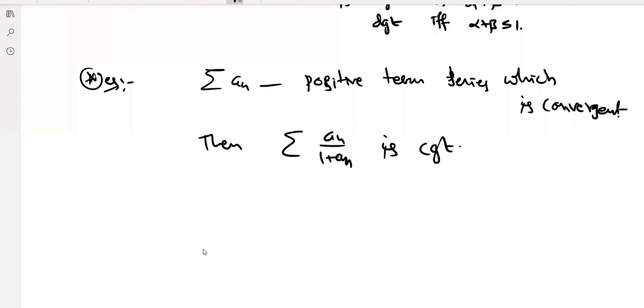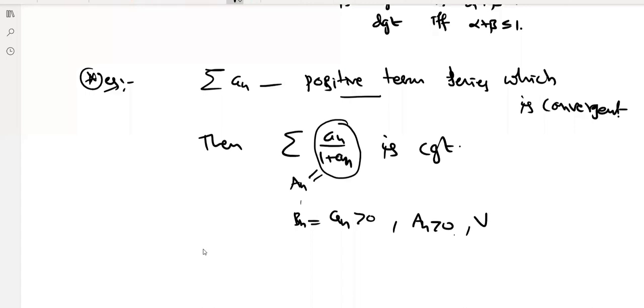So what I am doing is a simple idea. I can choose, suppose this is my capital An. I can choose Bn is An. So this is a positive term series. So Bn is positive, An is also positive for every n. So both are positive term series. Therefore, look at the quotient. What is my quotient? An by 1 plus An by An. This is exactly 1 by 1 plus An.